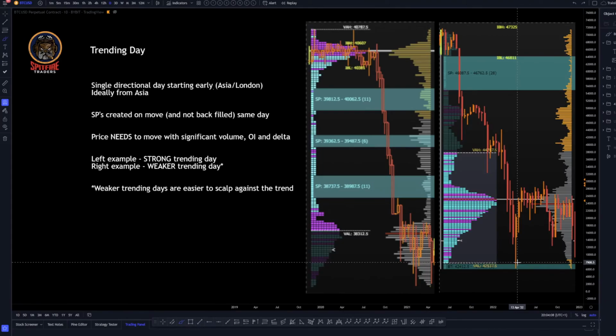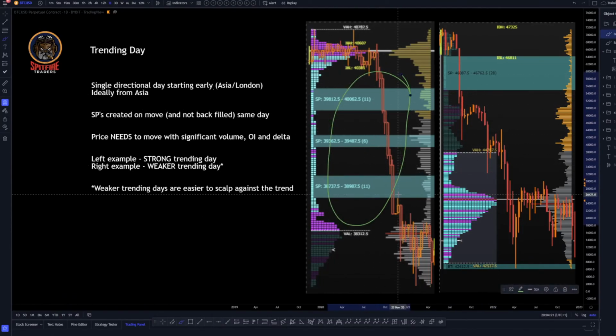We're going to cover scalps in a lot more detail in the future, about how I trade them, for example. But if you are going to be scalping against the trend, don't be scared to do it in this kind of trending market. Do not do it in this kind of trending market. Do not.